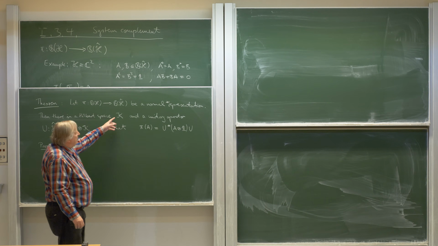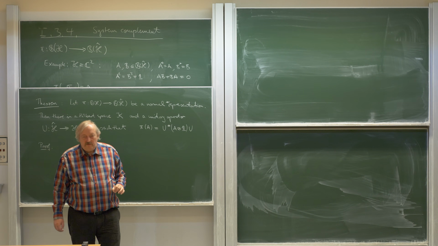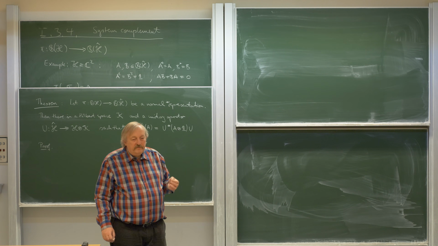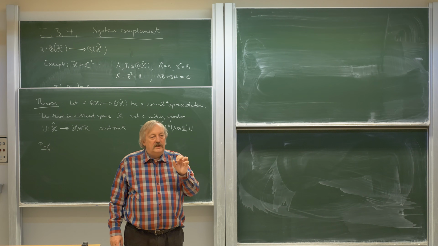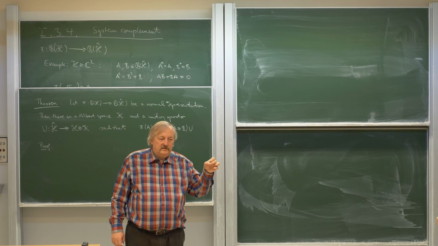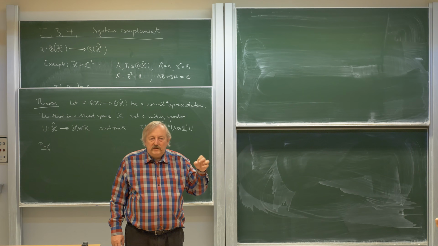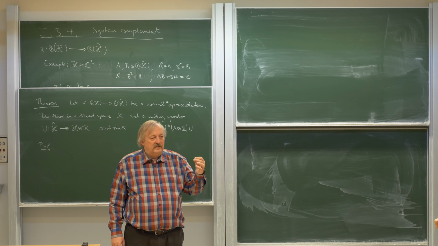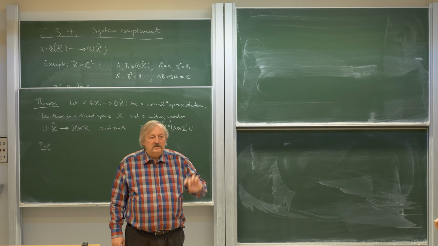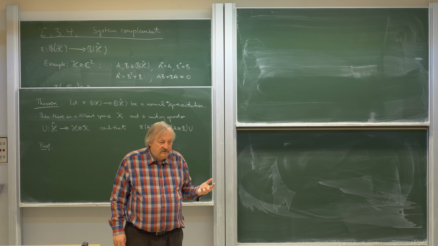So K appears as a multiplicity space. For example, if we take a one-dimensional projection in H and its representative, this will not be a one-dimensional space in general, but this is precisely counting multiplicity. So this dimension could be larger.